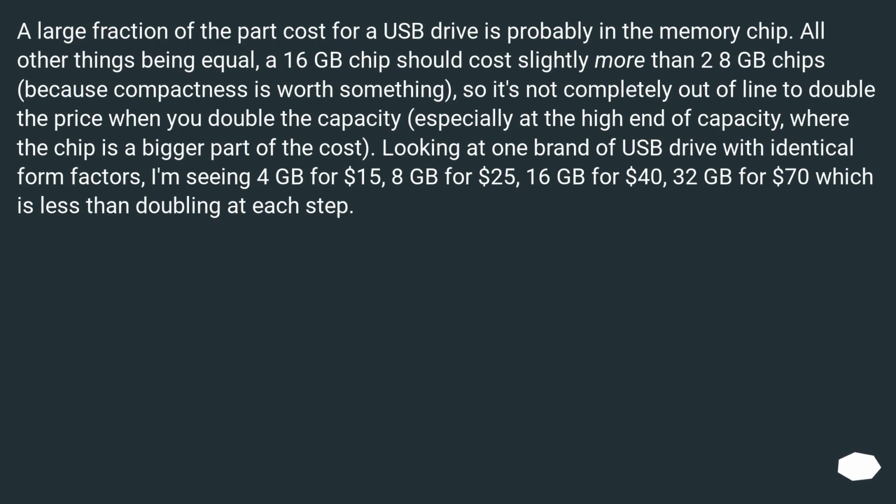Looking at one brand of USB drive with identical form factors, I'm seeing 4 GB for $15, 8 GB for $25, 16 GB for $40, 32 GB for $70, which is less than doubling at each step.